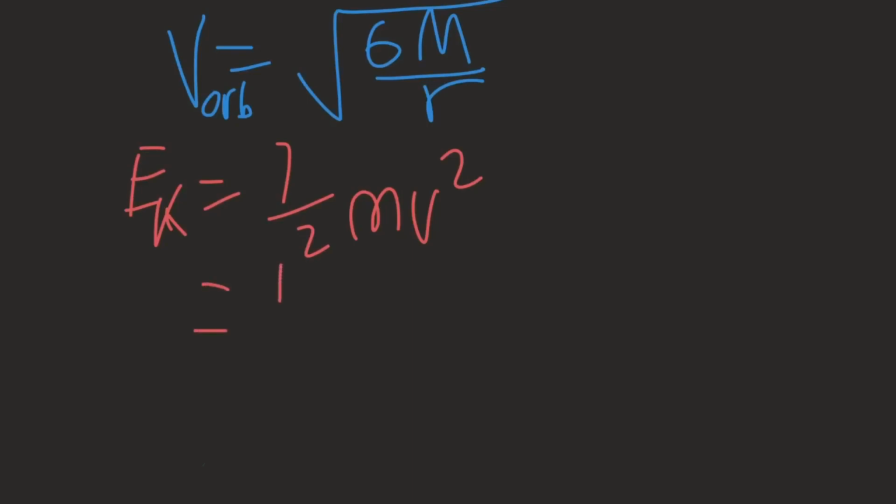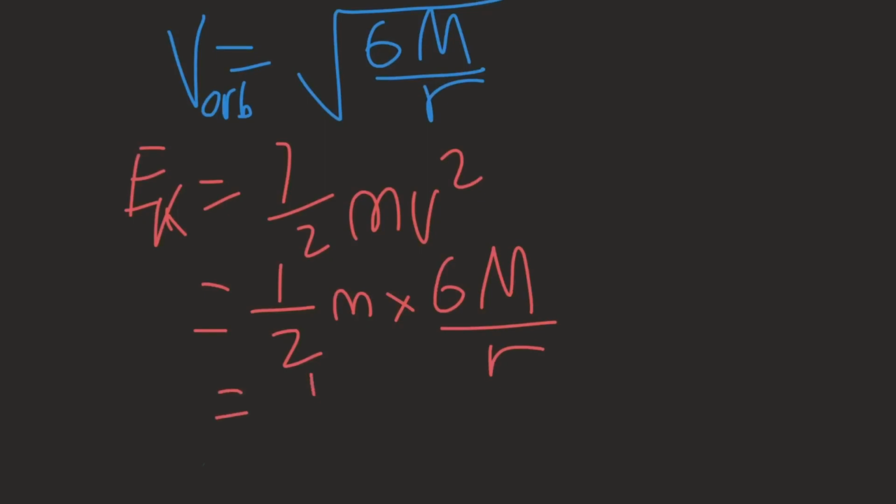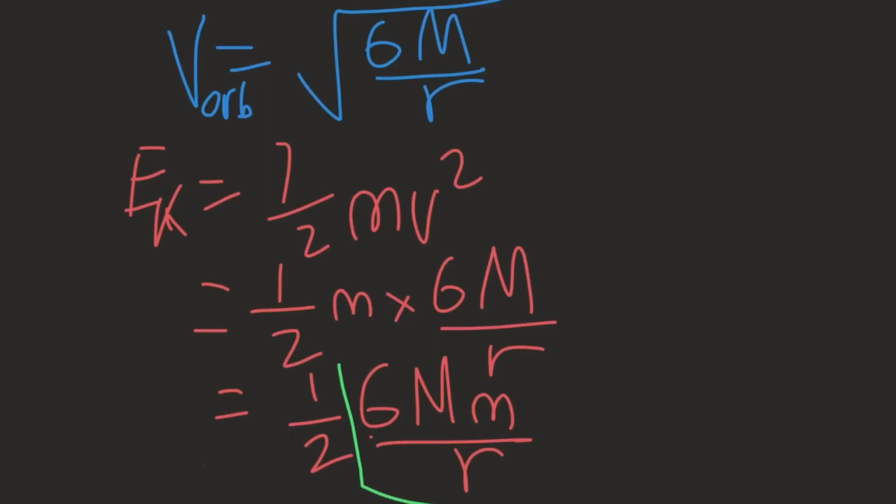So it should be 1/2 m times g times big M over r, equaling 1/2 g M little m over r. Now this looks awfully familiar, and I think I know why. This is equal to the magnitude of the gravitational potential energy.